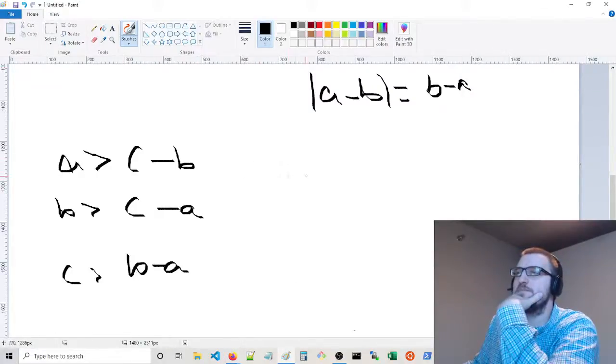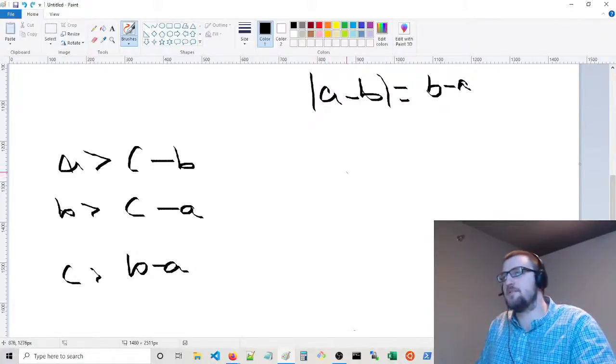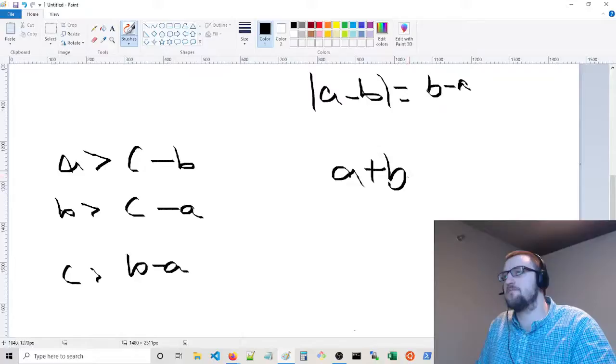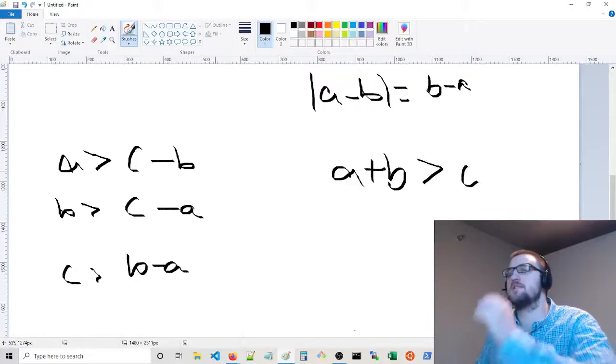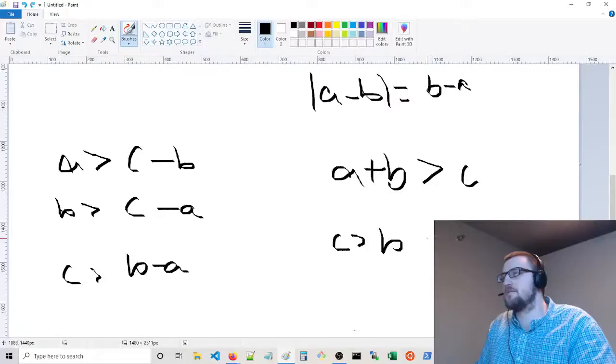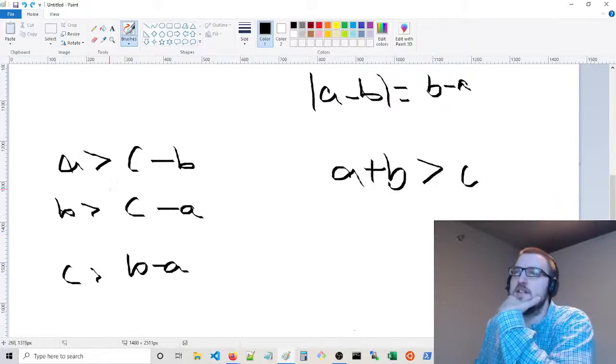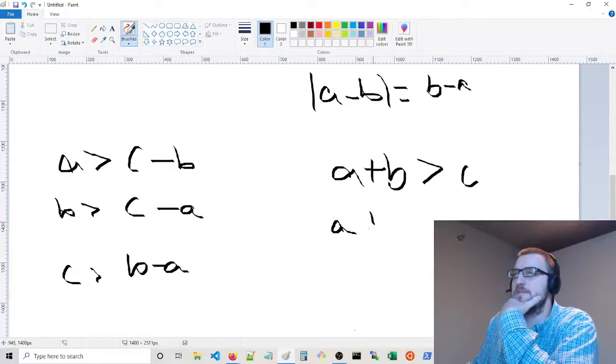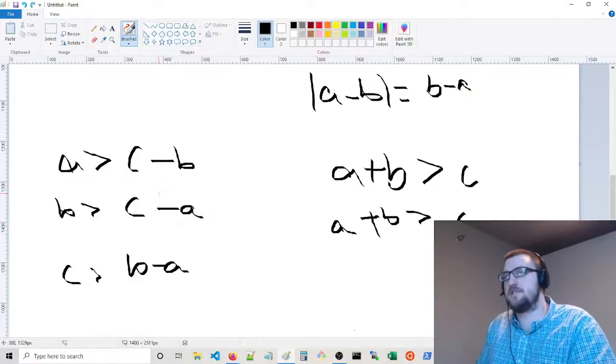Well, that is to say, I guess, A plus B is greater than C, and also C is greater than B minus A. Maybe we can make this the other direction, right? A plus B is greater than C again, on the other side.